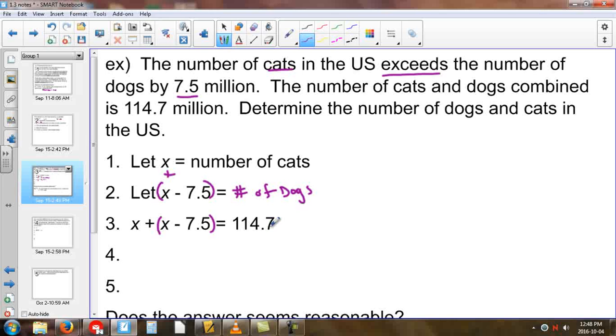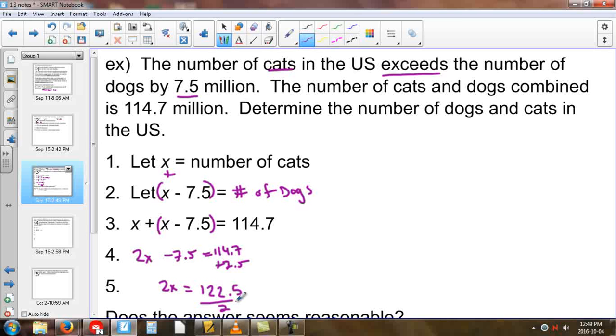And now it's a problem I can physically solve. So this becomes 2x minus 7.5 equals 114.7. Then I add 7.5 to get 2x equals 122.2, and we divide that by 2. And just make sure we haven't made any mistakes.